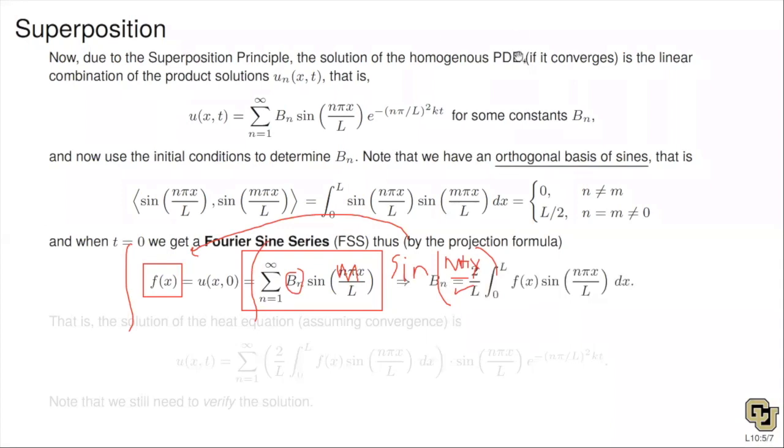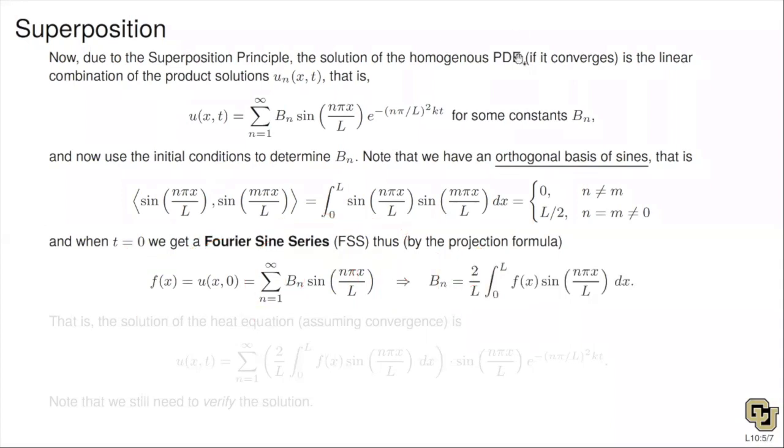This is all math you've done in the first couple of weeks, and you know how to do this. You just have to know that you know it. From the orthogonality, you can create a projection formula just for the sine functions. Once we've used orthogonality to find the Fourier coefficients using the initial condition, that's where the initial condition at the very end has finally kicked in.